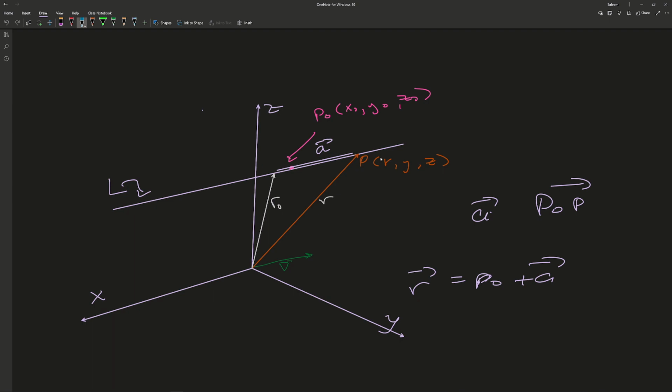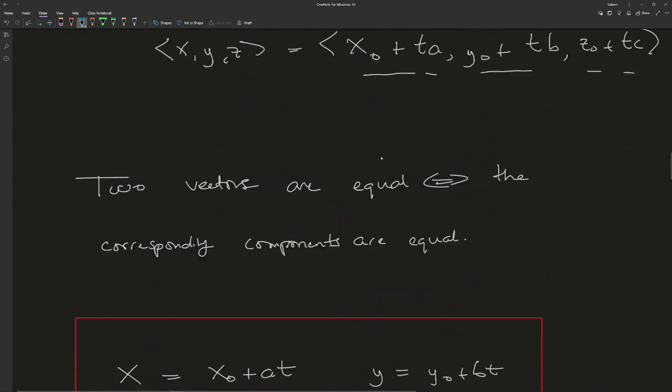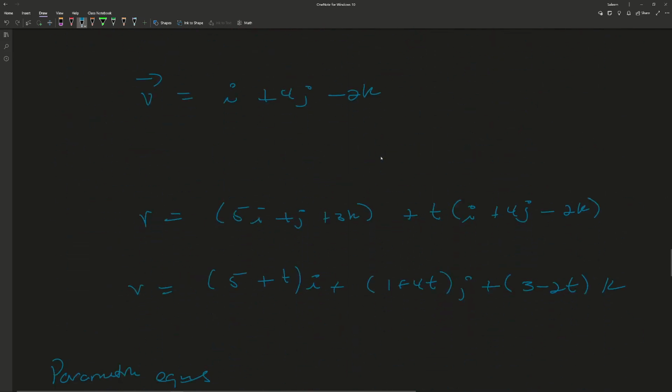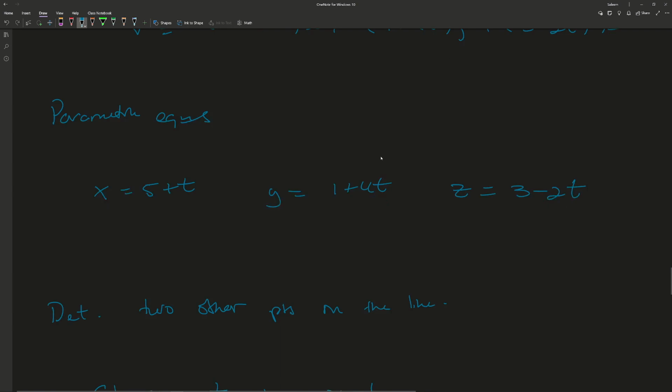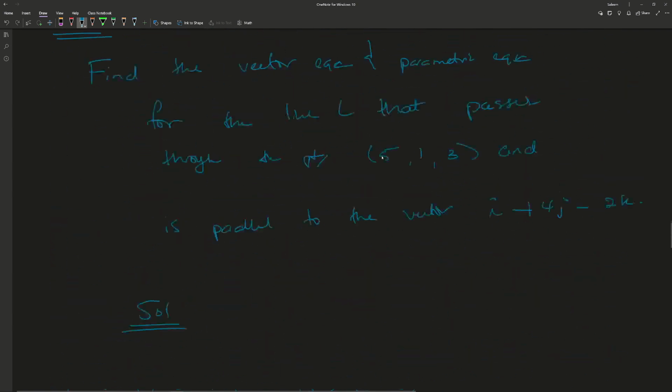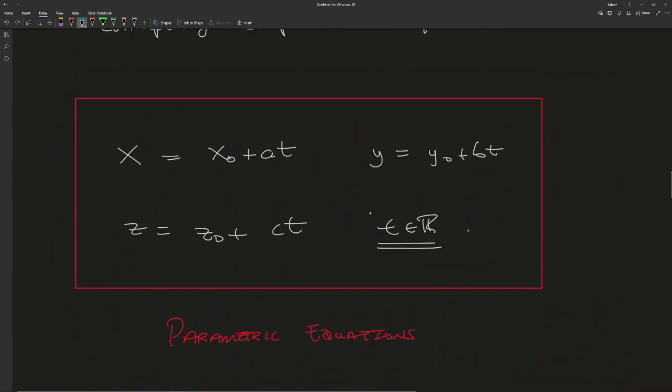So all of that is to say that another way of describing this line L is to get rid of this parameter t altogether. We actually didn't label this equation, so let's call it equation 2.